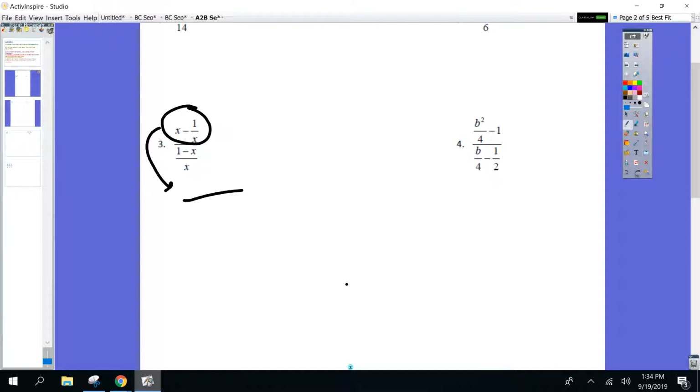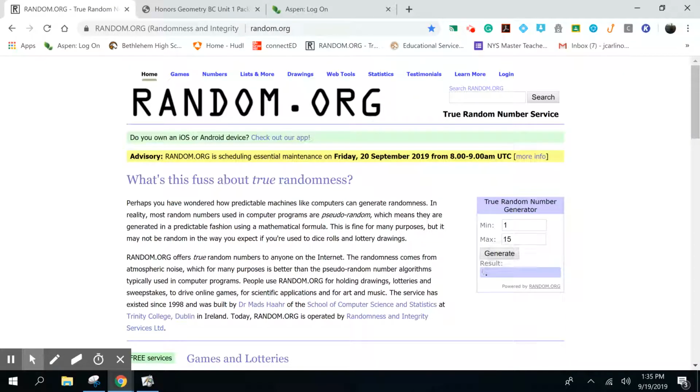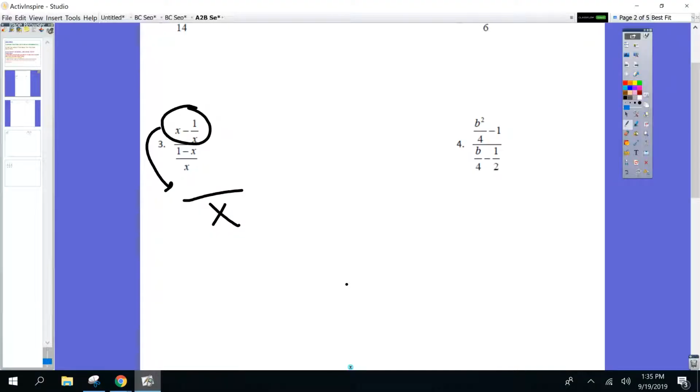Whoa, just the denominator. You're getting ahead of me. X, everyone agree, common denominator of x for the top portion. All right, multiply what you need by. Whatever you need, multiply by it, and let me know what you're having in the numerator now. What are you left with in the numerator? X squared.